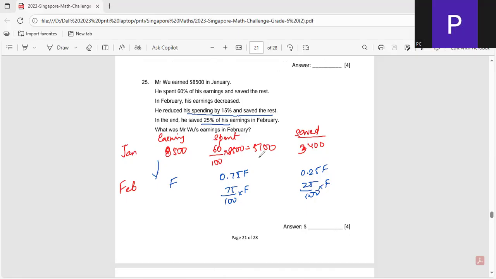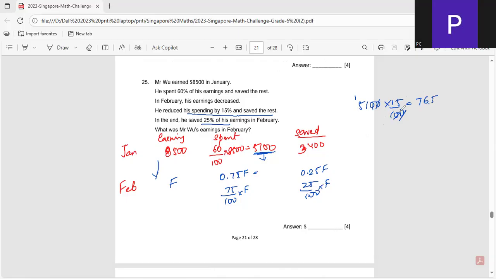Okay, so 15% of 5,100 is how much? Let's just do it like this. 15 ones are 15, carry over, 15 5s are 75, so 765.